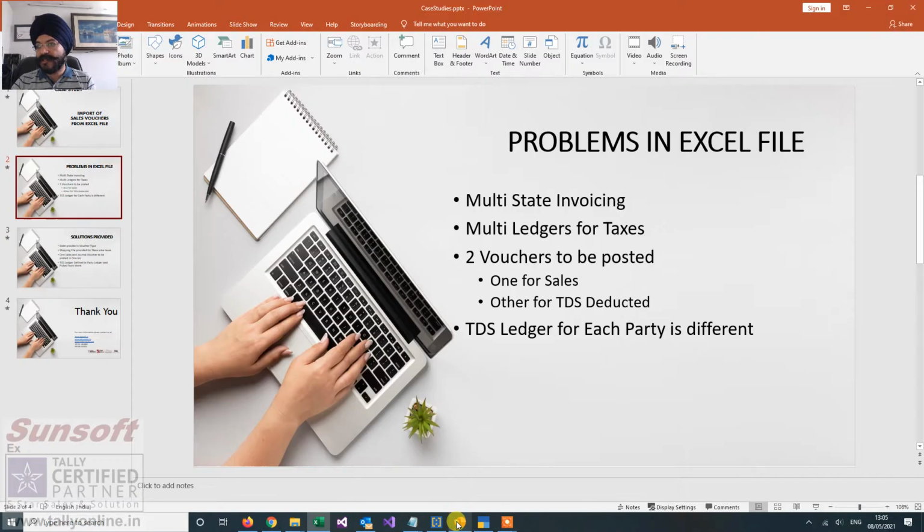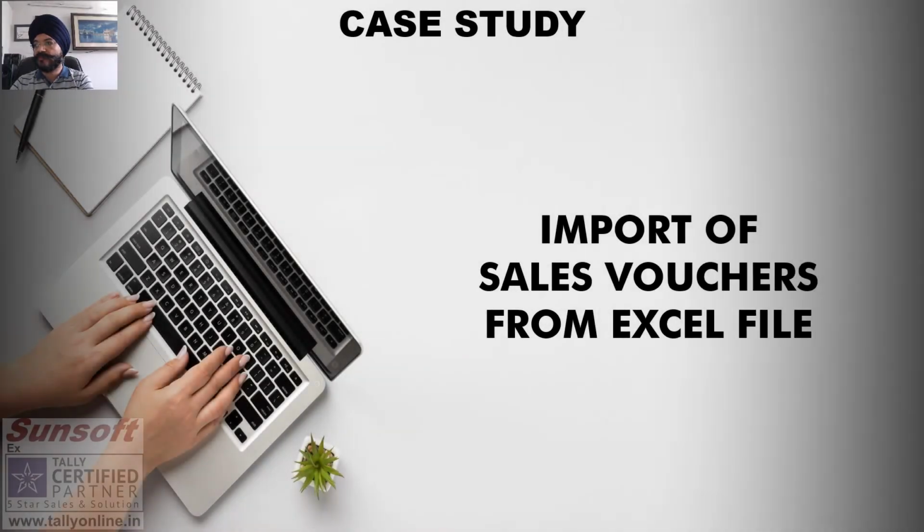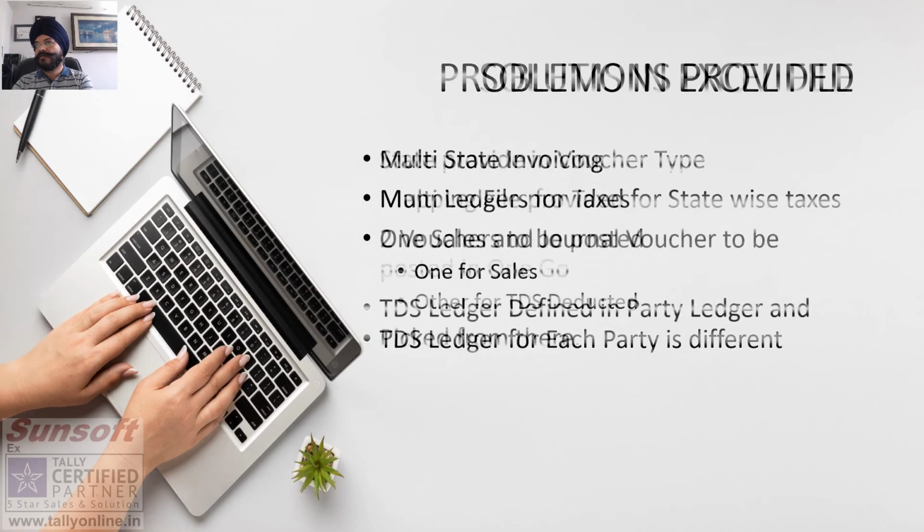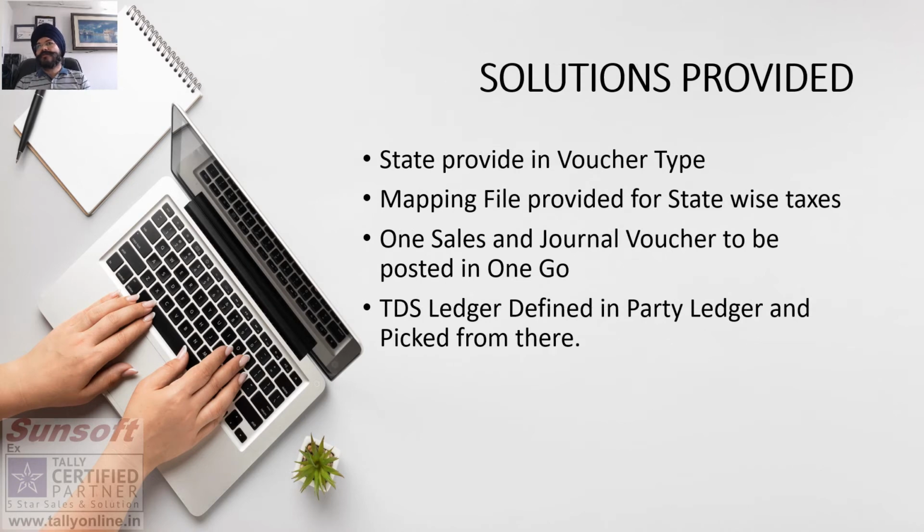So let us see what the solutions are that have been provided. First thing is the state, because he is invoicing from multiple states. So what we have done is in a voucher type we have defined from which state this voucher type is invoicing.